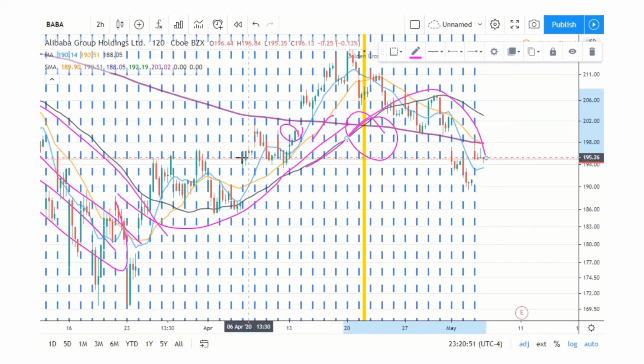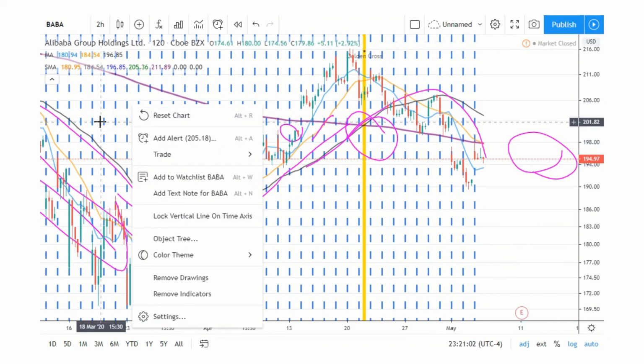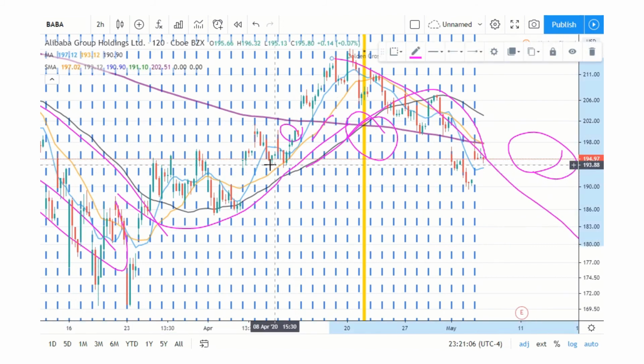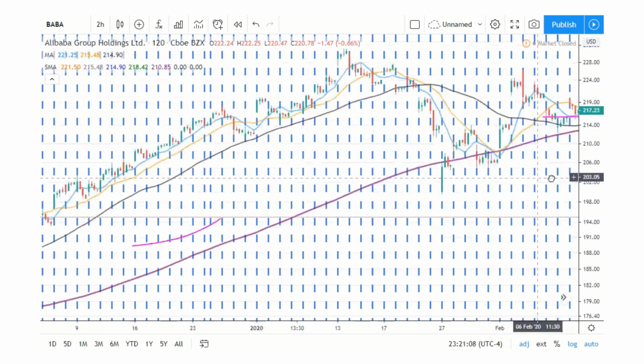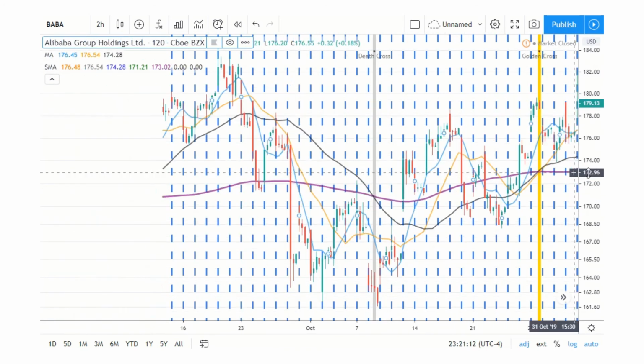So it might be pretty safe to say somewhere around here, they'll probably meet again. Let's go a little bit further and see what else we can see in this stock.